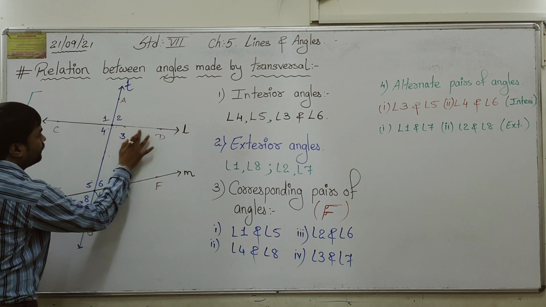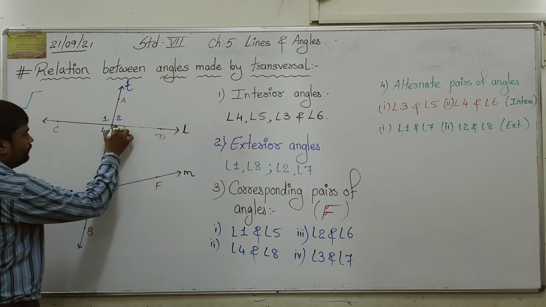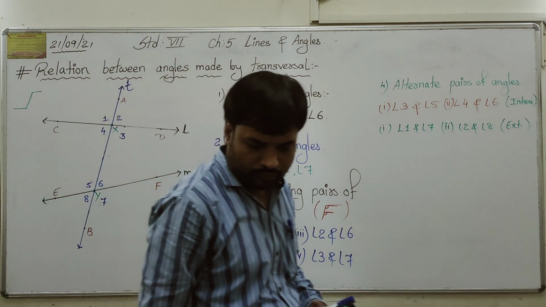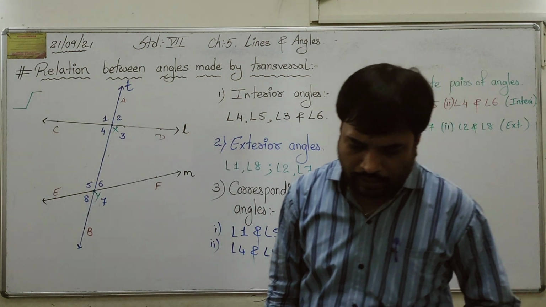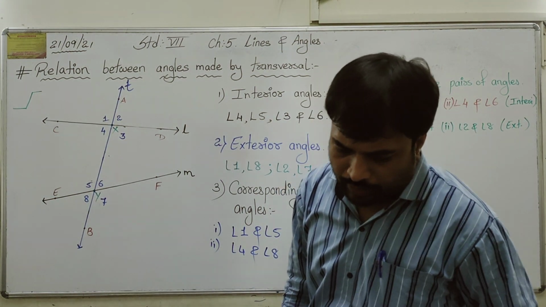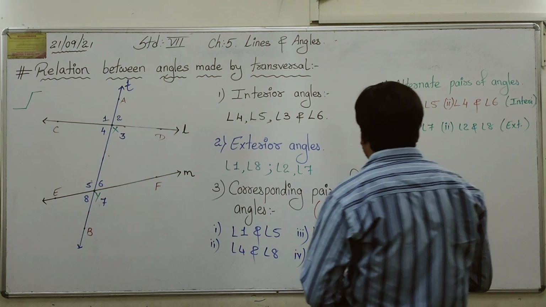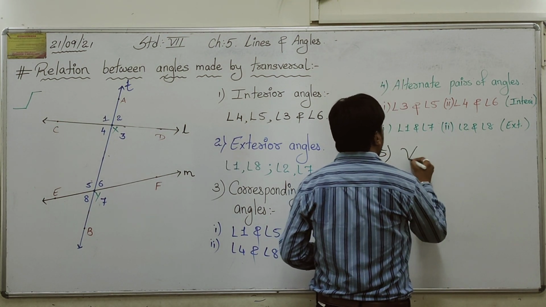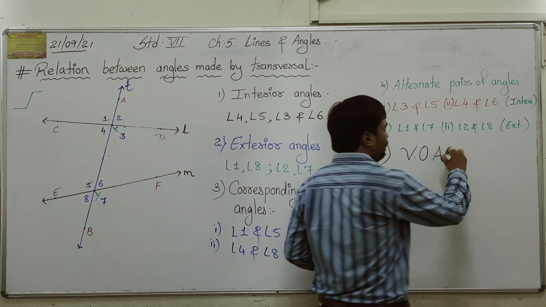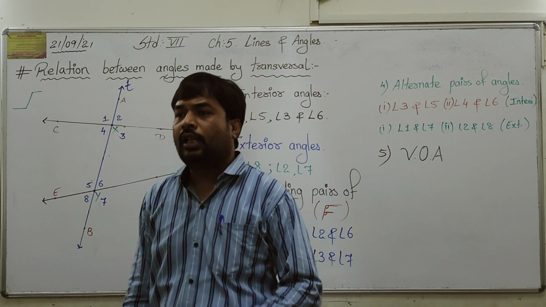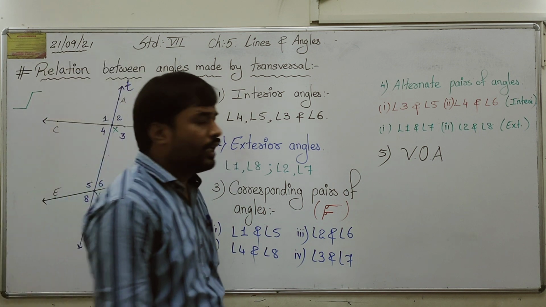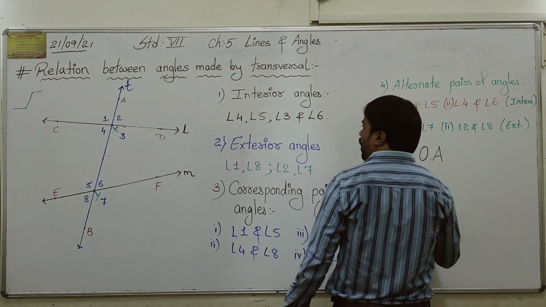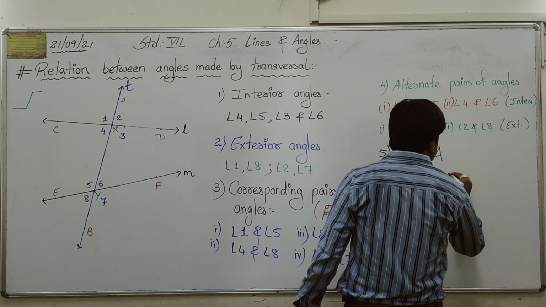Let's move further. Interior angles are done, alternate exteriors are also done. Now my favorite, vertically opposite angles. First one, angle 1 and angle 3.